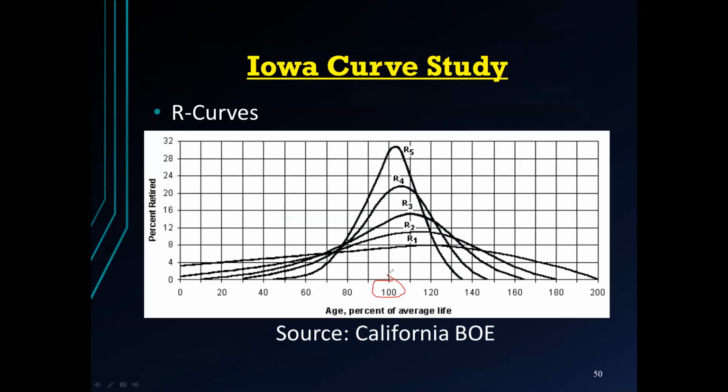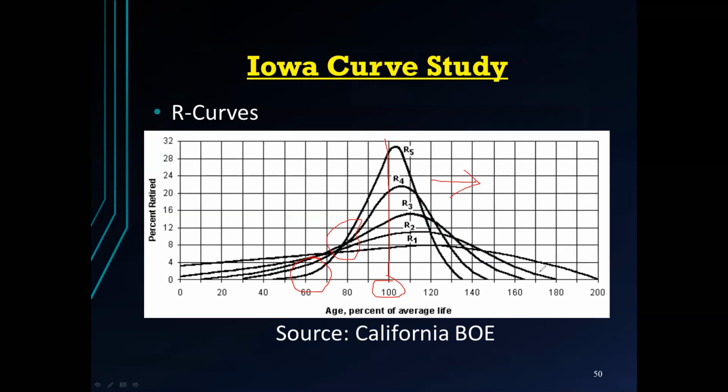Here's your average life. If you draw that up here, notice how all of these are to the right of the average life. So what that's saying is you have some asset retirements down here, you have some down here, but most assets are going to hit their average life and actually exceed their average life and are going to retire on this side of the graph.